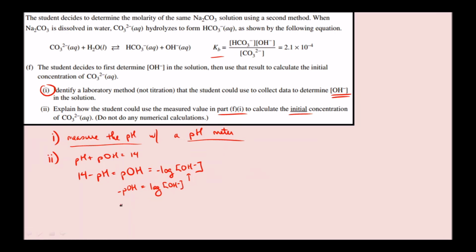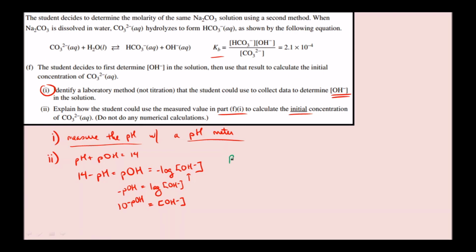Then we'll do 10 to the power of each side to get rid of the logarithm, and we are left with the concentration of hydroxide ion is equal to 10 to the negative pOH. And now we want to calculate the initial concentration of the carbonate ion.